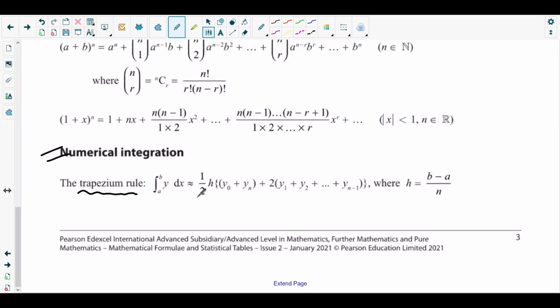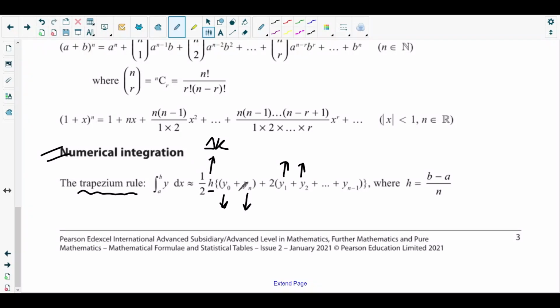It's half of h, where h is the difference between the x values of the table, and y0 is the first y value of the table, and yn is the last y value of the table, and then 2 times the y values between, from the second term to the term before the last.